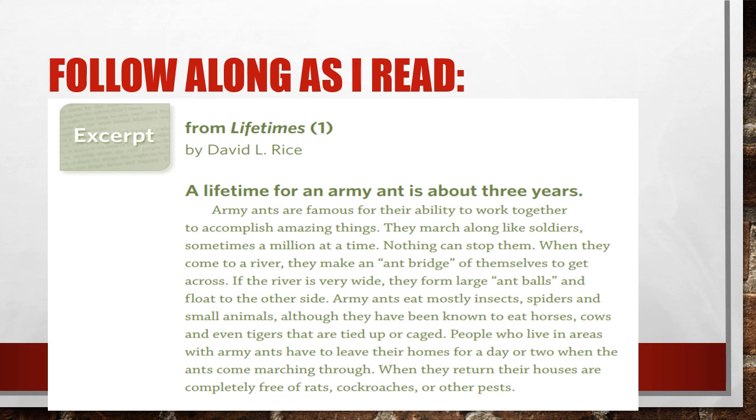Army ants eat mostly insects, spiders, and small animals, although they have been known to eat horses, cows, and even tigers that are tied up or caged. People who live in areas with army ants have to leave their home for a day or two when the ants come marching through. When they return, their houses are completely free of rats, cockroaches, and other pests.